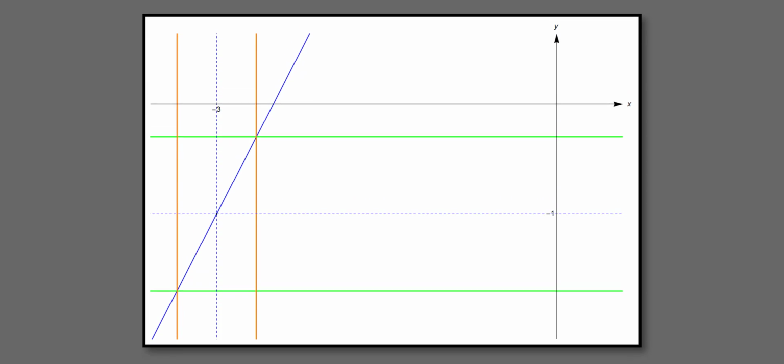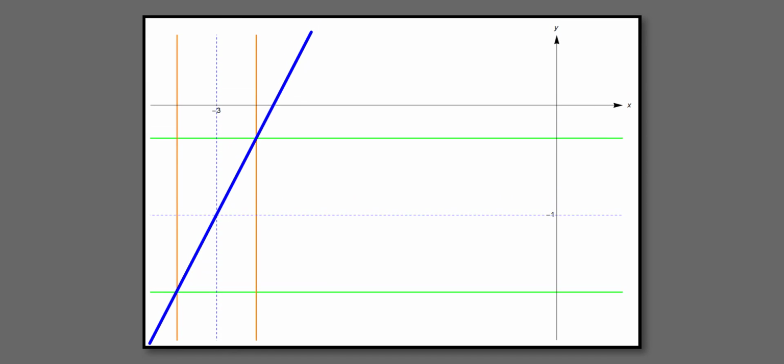This is the graph of 2x plus 5. But we're focused in here on the third quadrant, in particular near when x equals -3 and y equals -1. These green lines represent epsilon distances from the limit -1 in the y direction. The orange lines represent the corresponding distance delta.